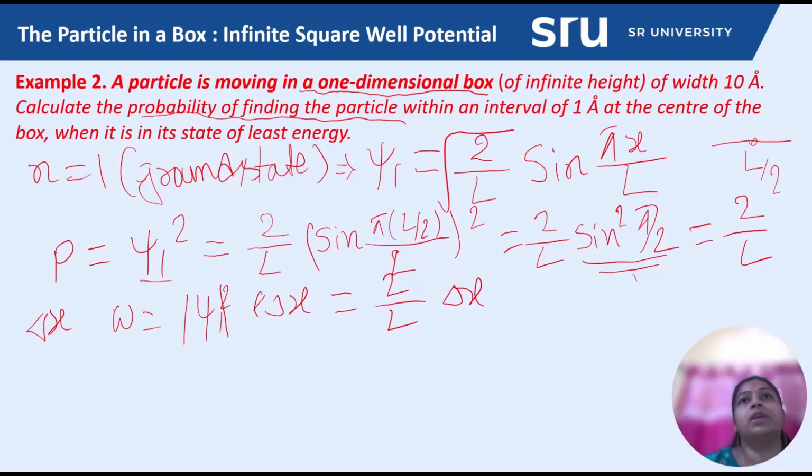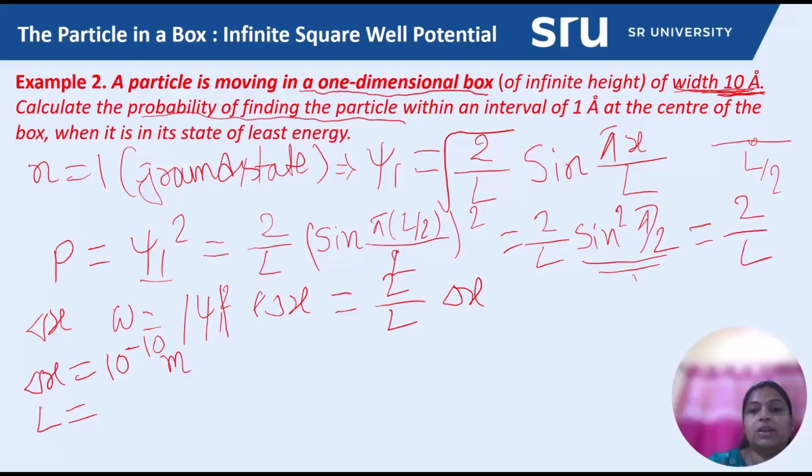So here in the example it is given 10 angstrom. So this means delta x is equal to 1 angstrom, that is 10 power of minus 10 meter, and L is equal to 10 angstrom.